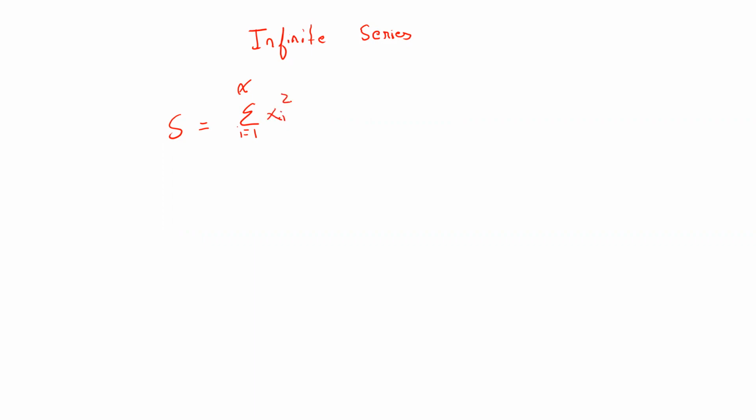Therefore, the terms in the series will go like x1 square plus x2 square plus x3 square, and it will go up to infinity. Okay, it will go up to infinity. So this is an infinite series.